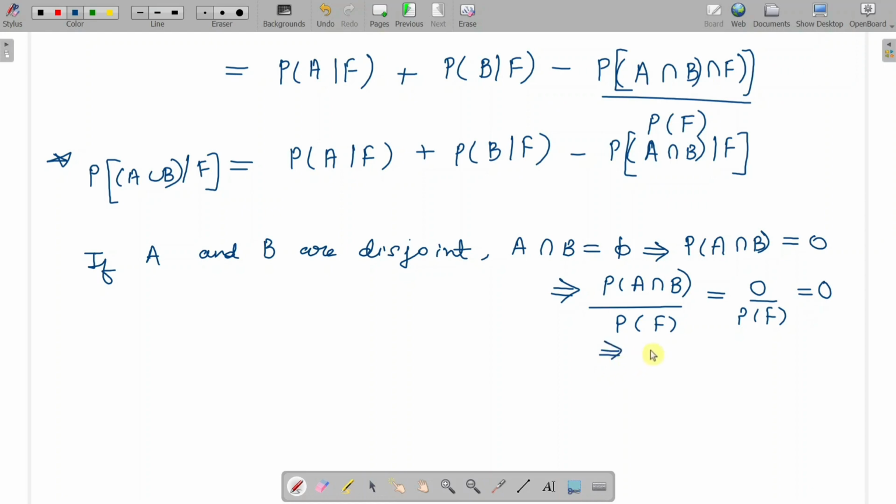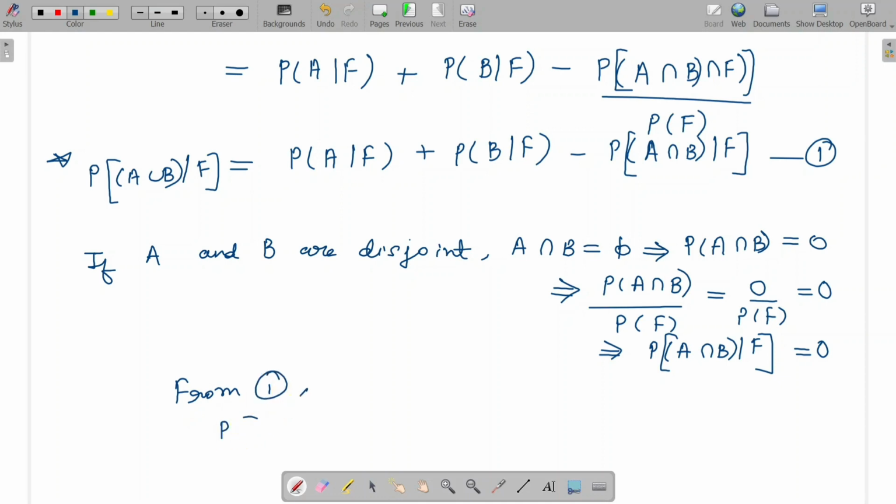So this implies probability of A intersection B such that F has occurred is equal to 0, right? So if you call this 1, from 1 what you will get?